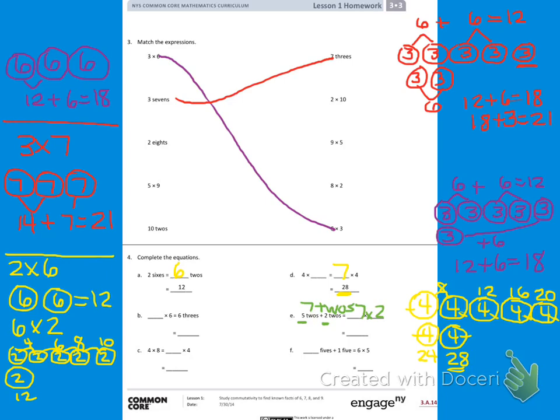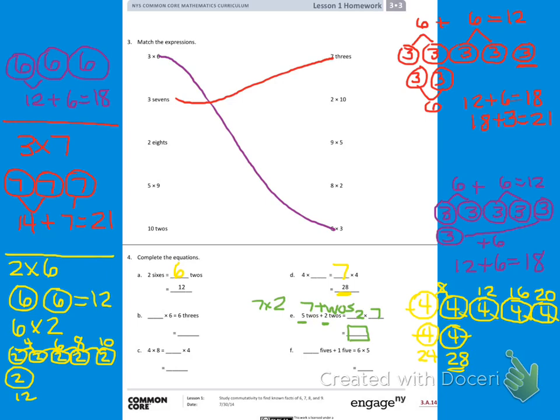But since they already wrote that on the front end of the equal sign, let's go ahead and erase that. Let's reverse it. So instead of having 7 groups of 2, we can switch it around and make it 2 groups of 7. Now the left side of the equal sign is 7 groups of 2, or 7 times 2. And the right side of the equal sign is 2 groups of 7, or 2 times 7. It's up to you to figure out what the product is and write it there.